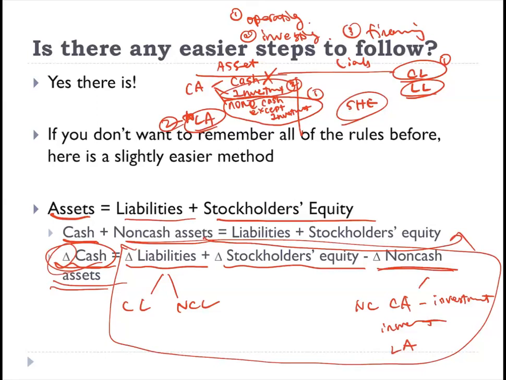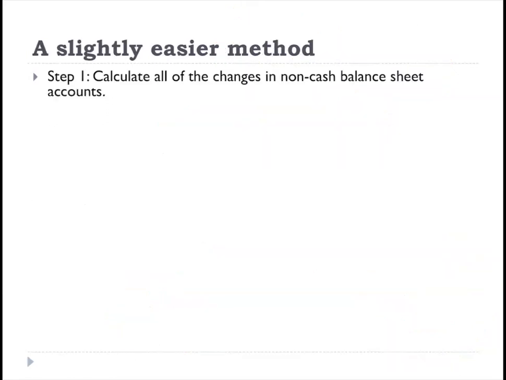We need to decompose those accounts and figure out the numbers that relate to the other activities. But as a general rule of thumb, non-cash except investment and all current liabilities are operating. Long-term assets and investment are investing. Long-term liabilities and stockholders' equity are financing.